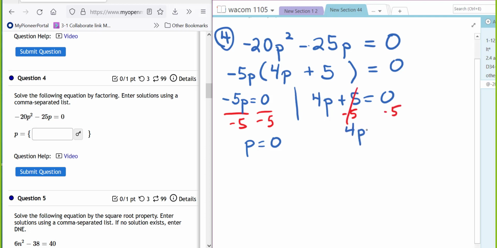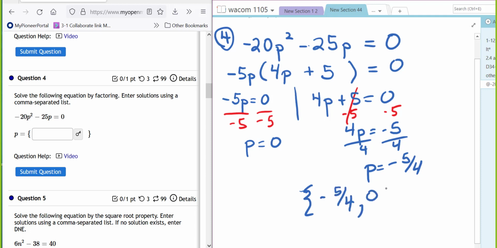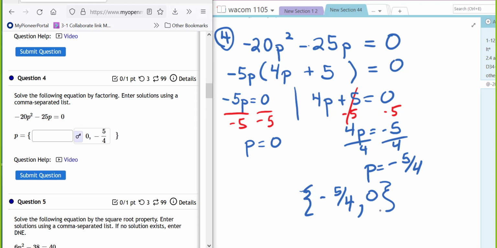So we have 4p equals negative 5 and divide by 4. So p equals negative 5/4. So you have two answers, negative 5/4 and 0. And we'll just look at the key. So 0, negative 5/4. Any question there?